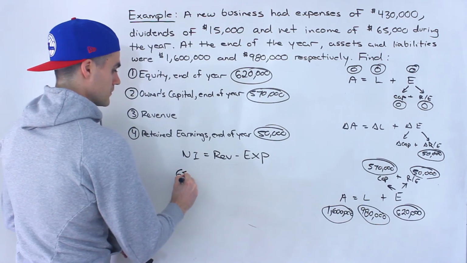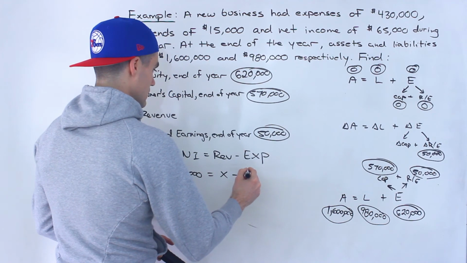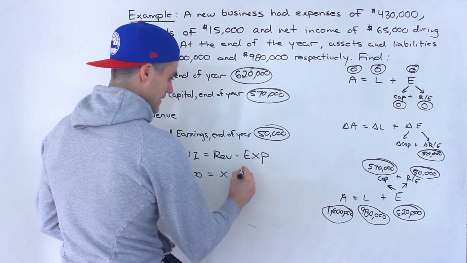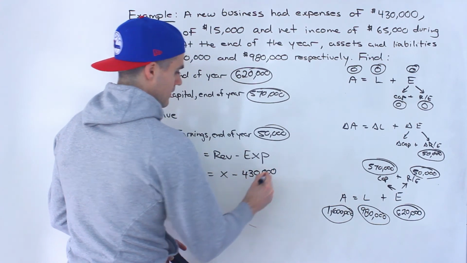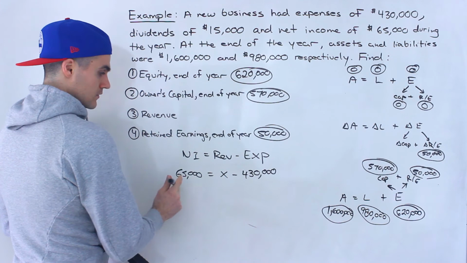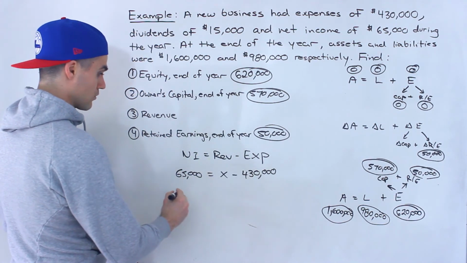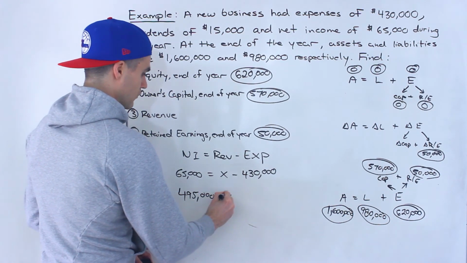So we know the net income is 65,000, the revenue we're solving for, and then the expenses is 430,000. Bring this over. So this would become a positive, right? 65,000 plus 430,000 gives us 495,000 for the revenue.